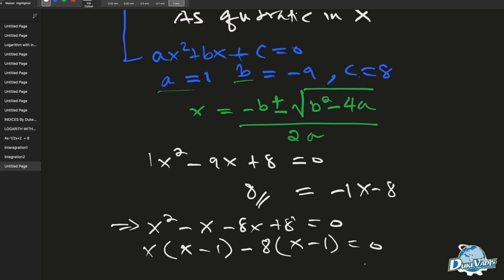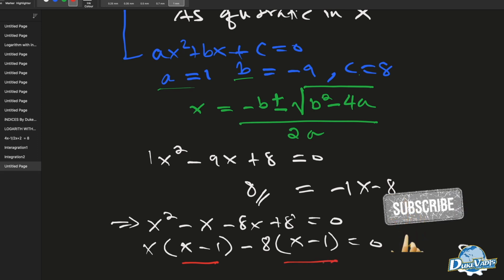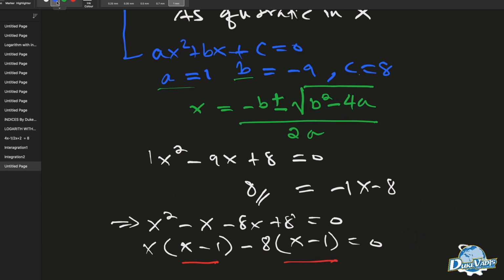We can see that this and this are the same, so our concentration will be on the values outside, this and that. Then we group them together.